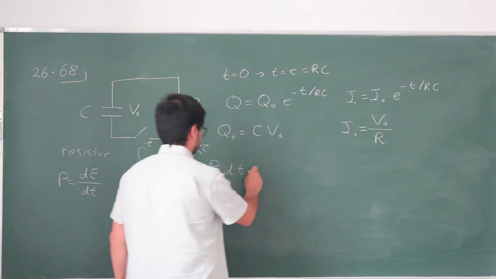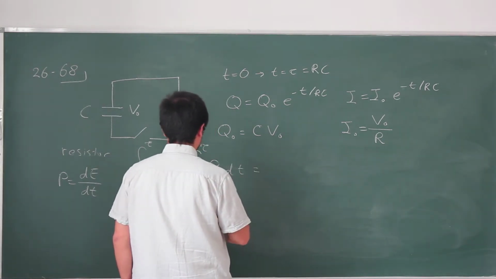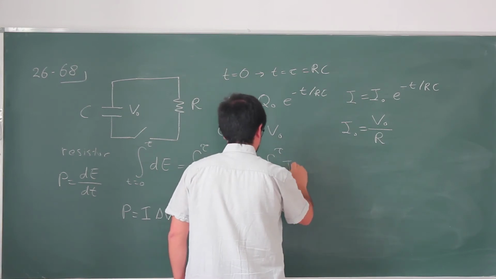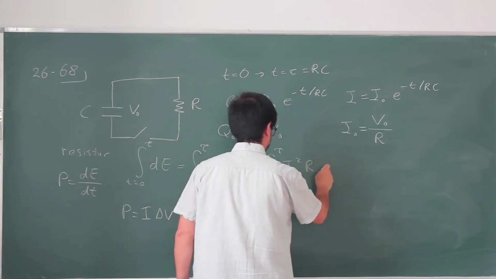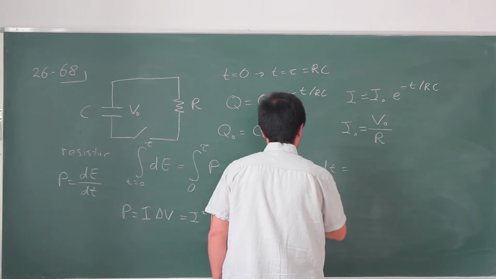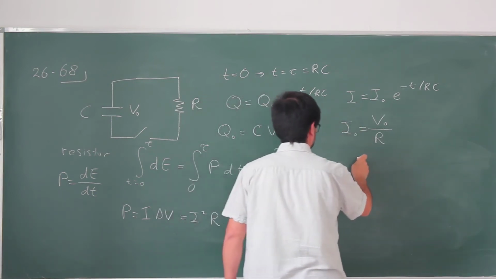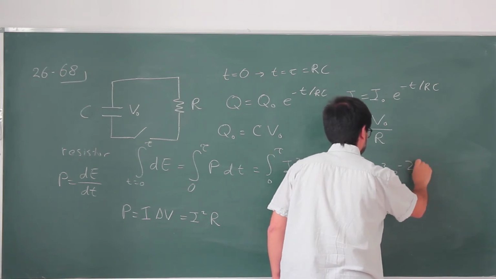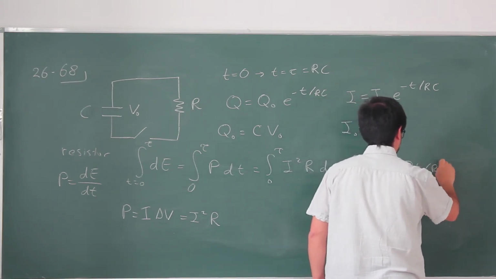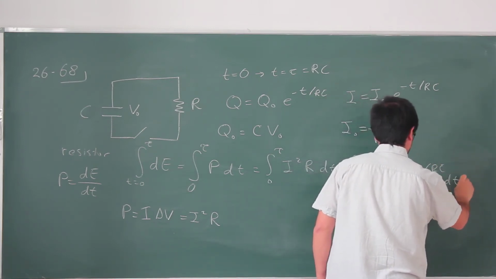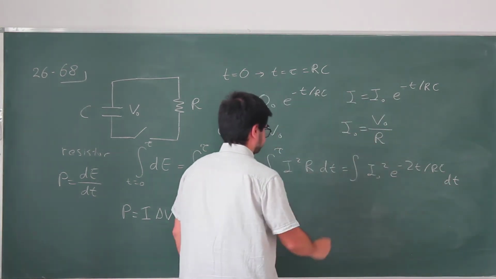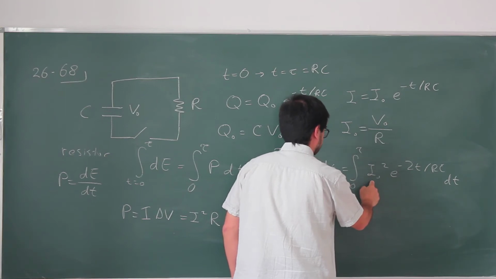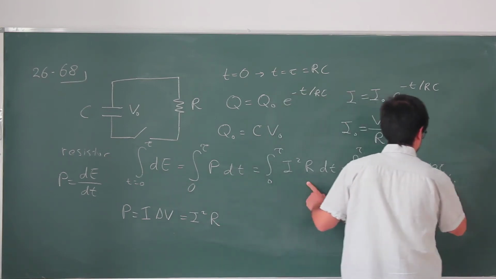Okay, so let's do this. This is going to be the integral from 0 to tau of I squared R dt, and I squared is going to be I0 squared e to the minus 2t over RC, dt, from 0 to tau. This I0, there's also an R term.